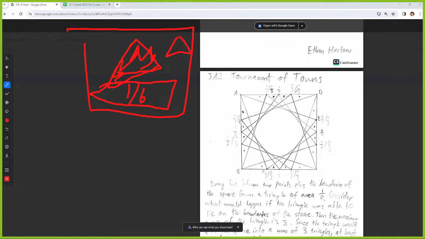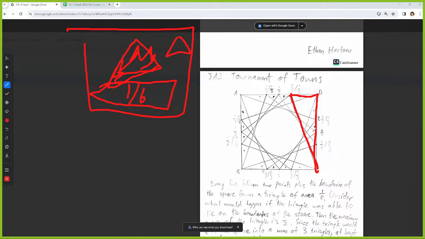they join points strategically, okay? So for example, they join this point to this point, yeah? And the reason they do that is if you complete this triangle with the sides of the square, right?